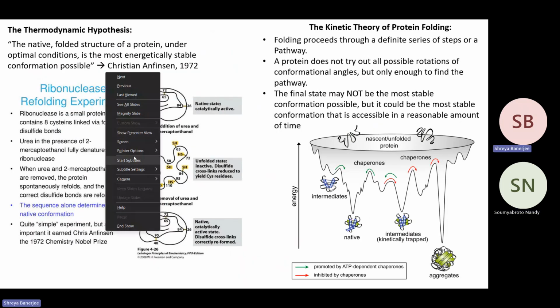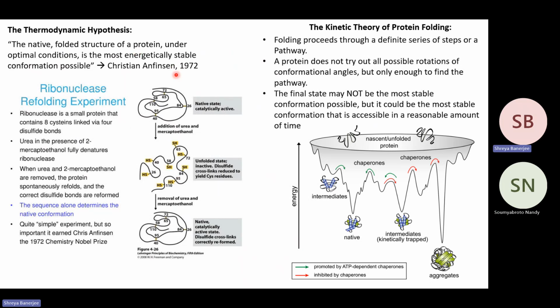There was an experiment carried out by Christian Anfinsen called the ribonuclease refolding experiment. Basically, ribonuclease is a protein where there are 8 cysteine amino acids forming 4 disulfide bonds. Each disulfide bond here is shown by a line, so between cysteine 26 and 84, there is one disulfide bond.